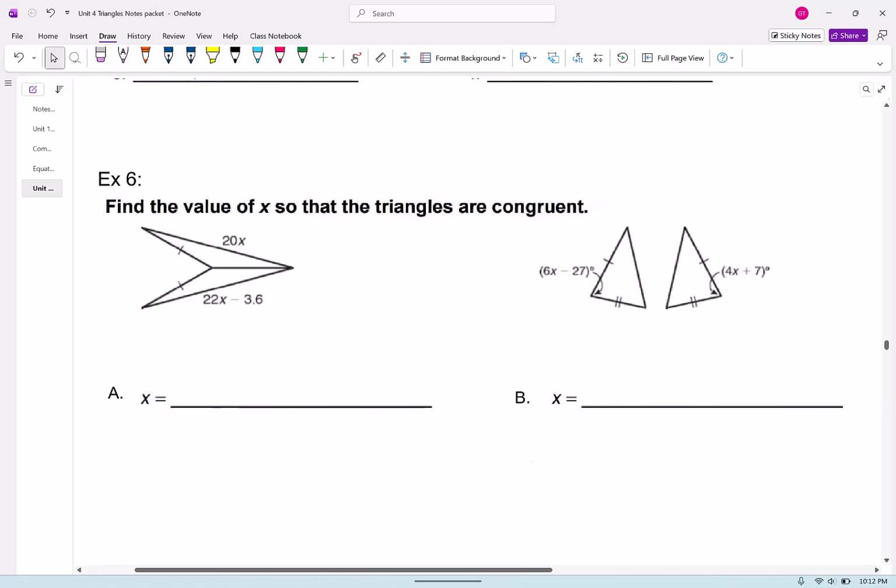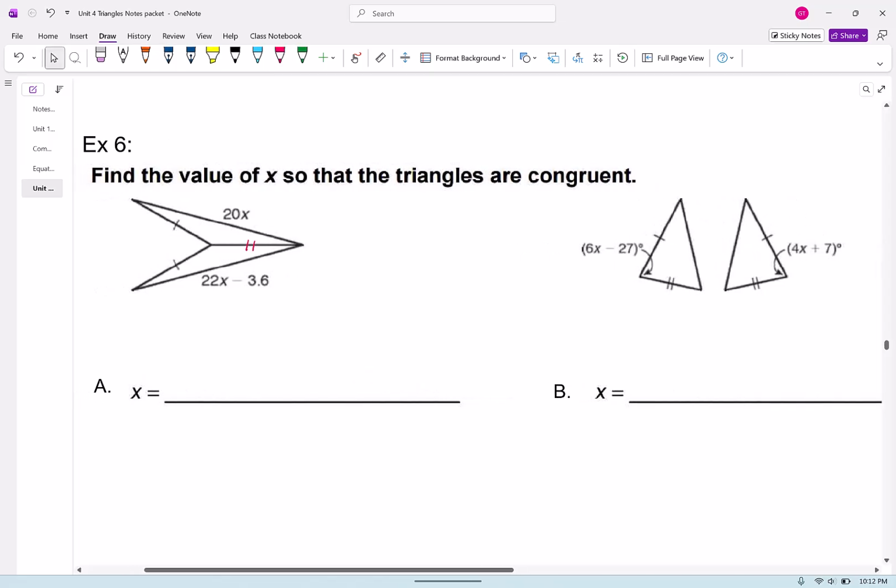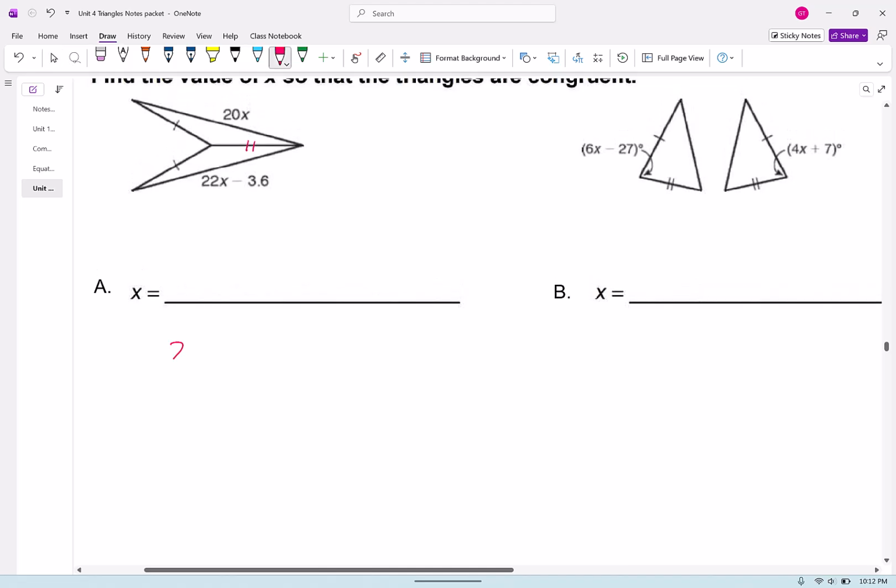All right, looking at these here, I got a shared side right there. Okay, and so I got a side, side. Okay, and so we got to find the value of x. What we can do actually is to set these equal to each other. It was 22x minus 3.6.